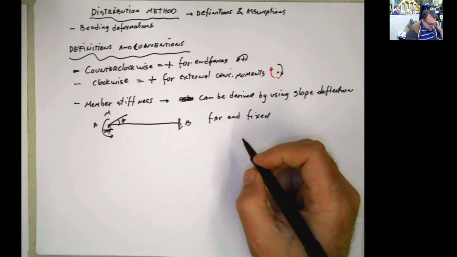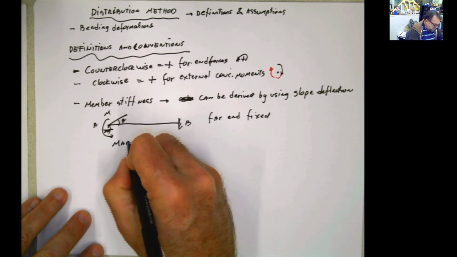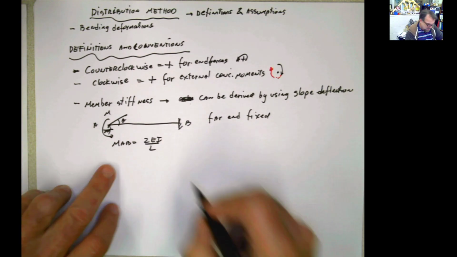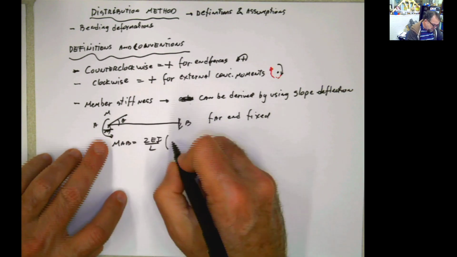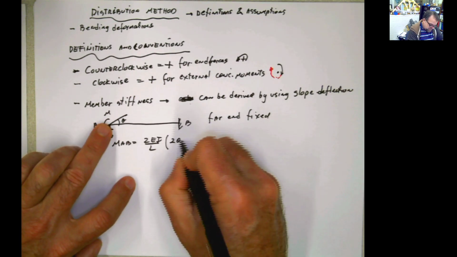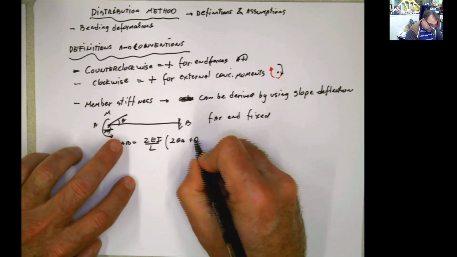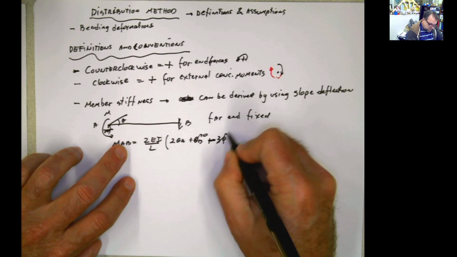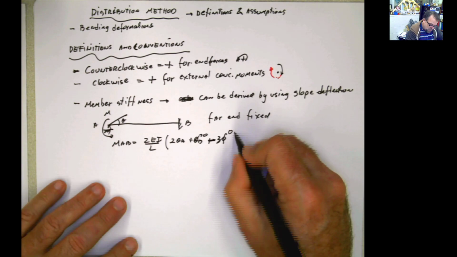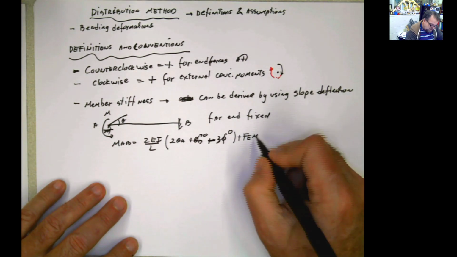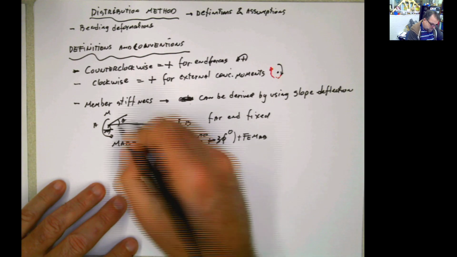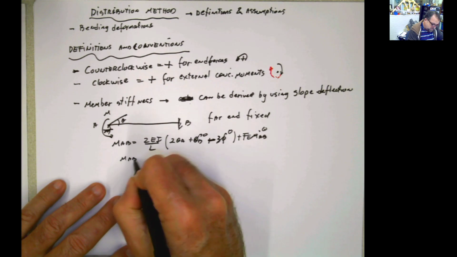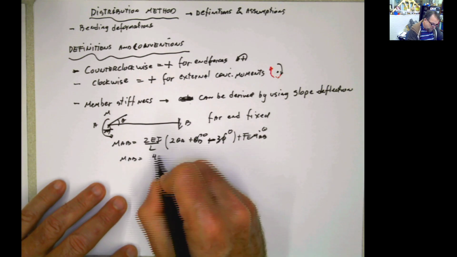So if we apply slope deflection, then you know that M_AB is going to be 2EI divided by L multiplied by 2 times the rotation at A, which in this case exists, plus the rotation at B, which is 0, minus 3 times the rotation of the chord, which is also 0 because it's not rotating, plus the fixed end moment AB, which is 0 because there's nothing in this part. So basically the moment AB is going to be equal to 2 times 2, 4EI over L, times the rotation at A.